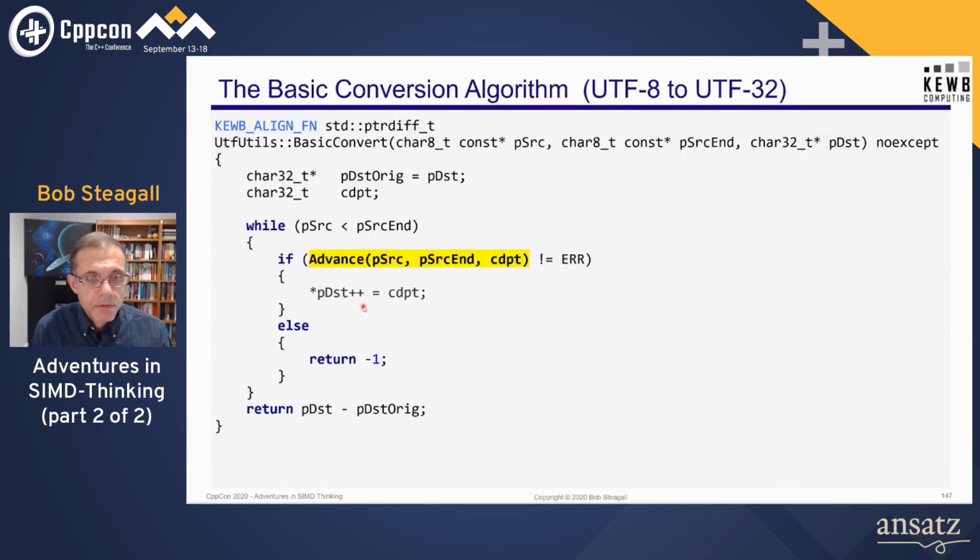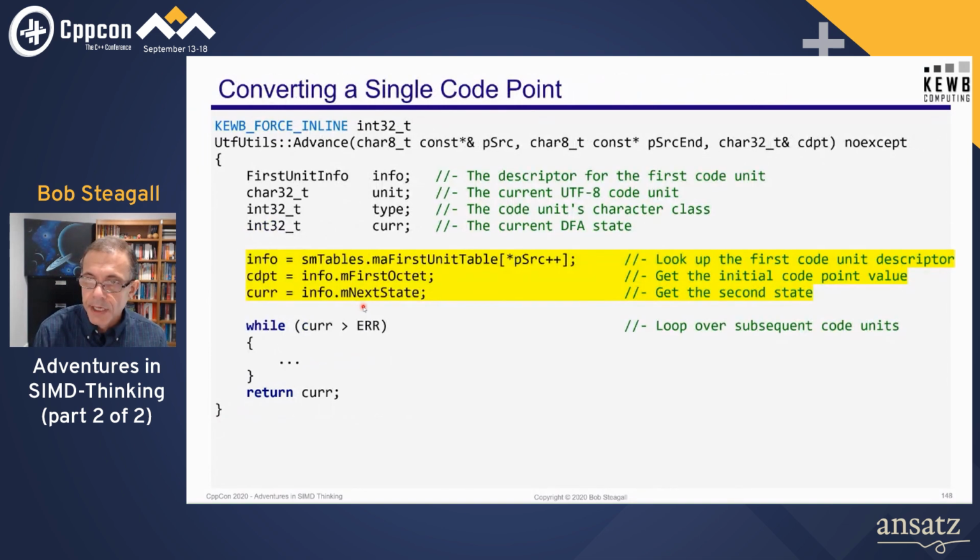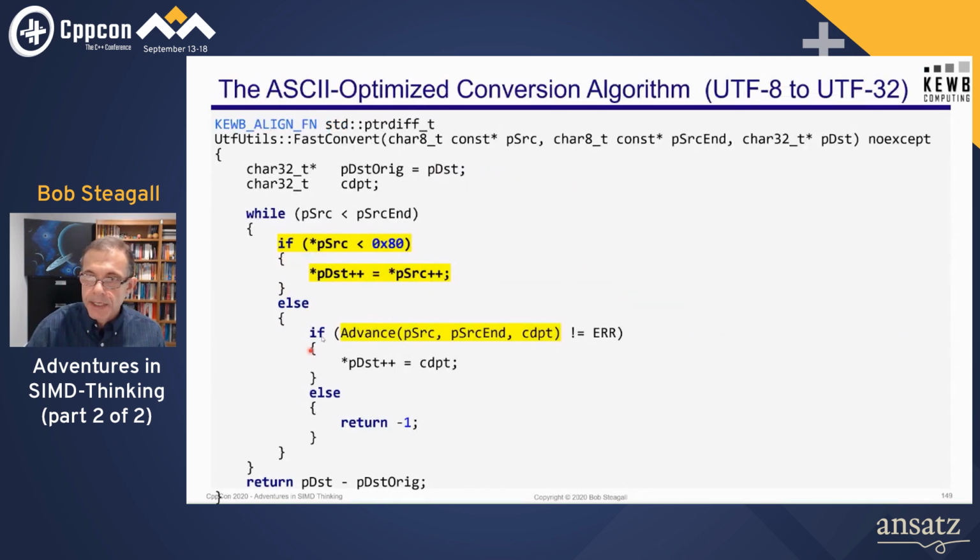When I was developing this, I was looking at advance and I realized, hey, this first set of operations I need to do, what if the first octet is ASCII? This is an awful lot of work to decode an ASCII octet through the table, to run through this branch, and then return if I already know it's ASCII. If it's already ASCII, why am I doing all this work? So I changed the algorithm to check if the first octet in the sequence is ASCII.